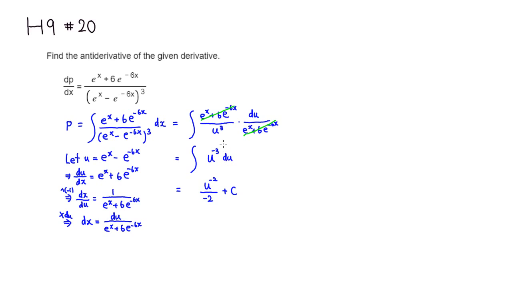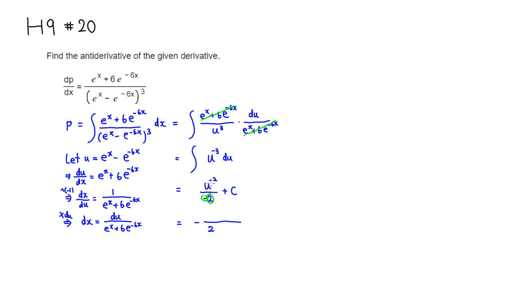Then I'm going to put the negative sign in front, which takes care of this negative sign, and the 2 goes on the denominator.